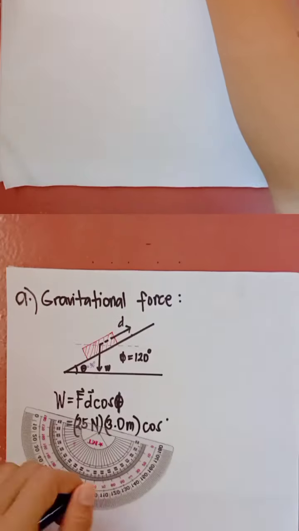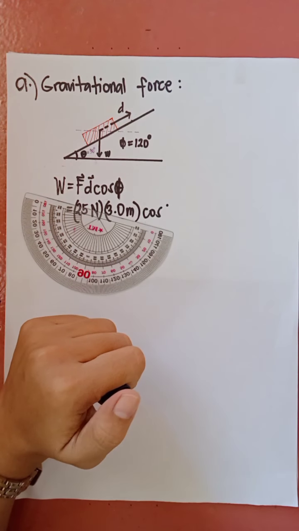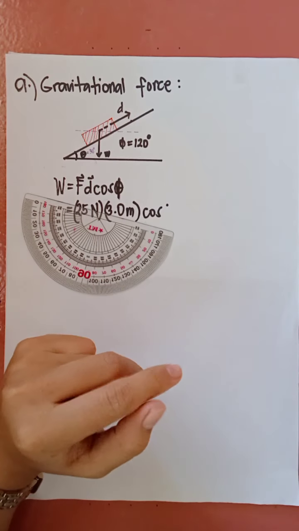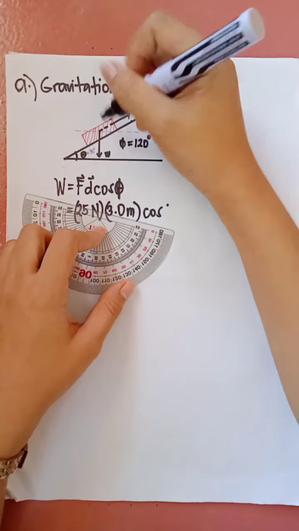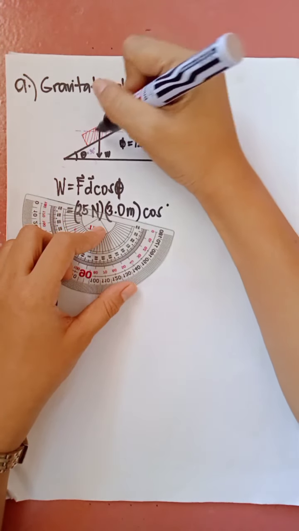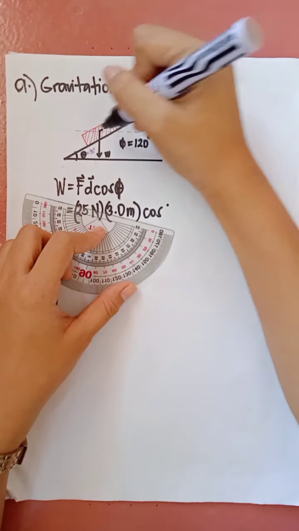Alright, now, as you can see in your book, there is another angle between weight and the displacement. That angle is represented by phi, which is said to be 120. So we are trying to find out why it is 120.